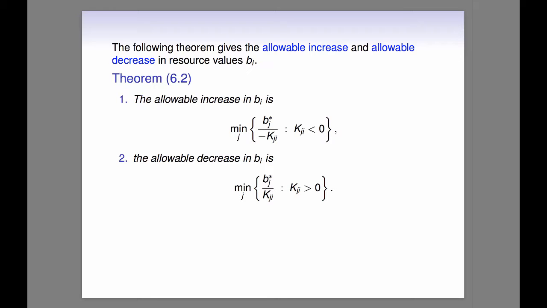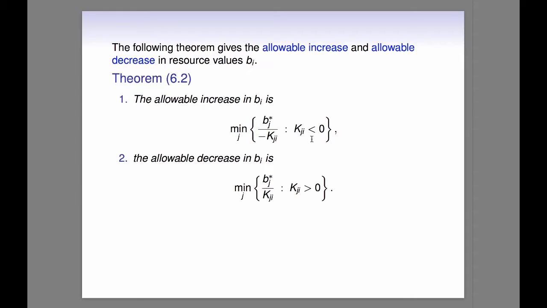This time, the theorem that's important is theorem 6.2, which gives us the allowable increases and decreases in resource value b_i, and it's a very similar appearance. You notice though that we don't have to worry about whether anything is basic or non-basic. This theorem is a little bit easier really. But the expressions are very, very similar.